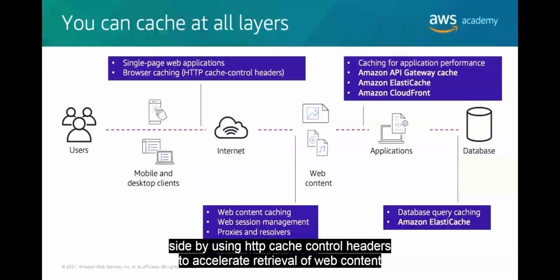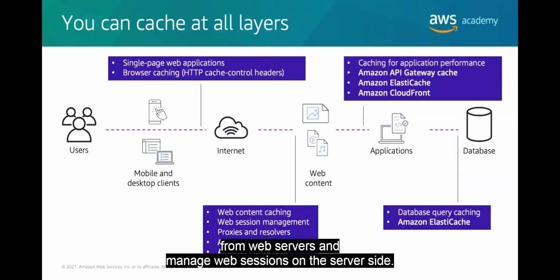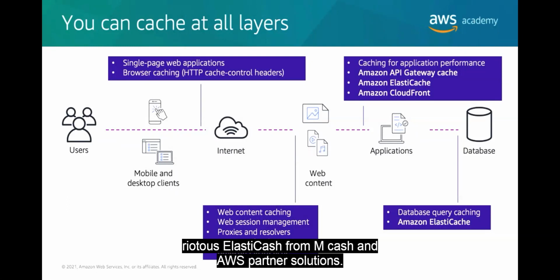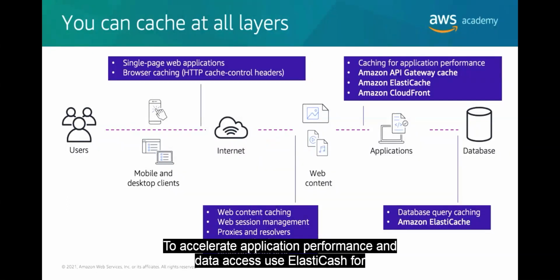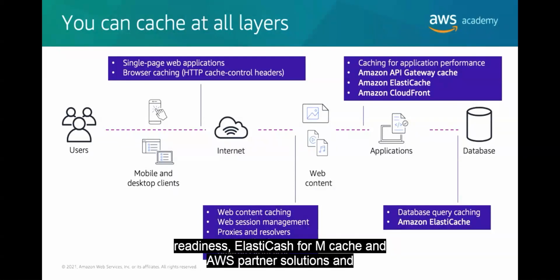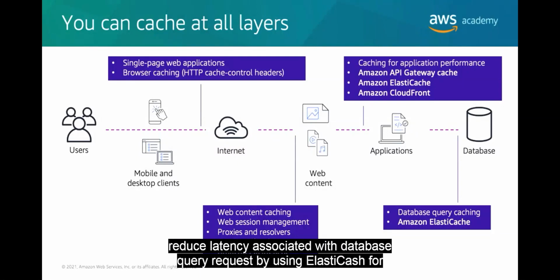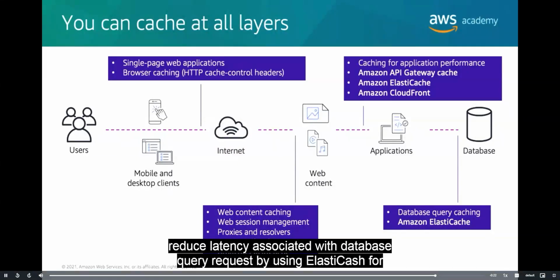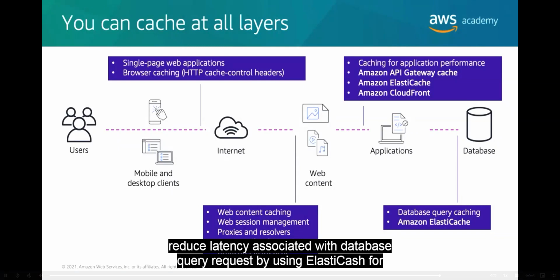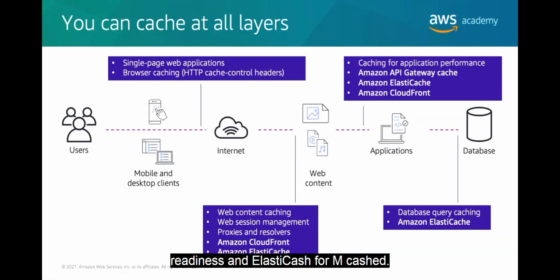To accelerate retrieval of web content from web servers and manage web sessions on the server side, you can use CloudFront, ElastiCache for Redis, ElastiCache for Memcache, and AWS partner solutions. To accelerate application performance and data access, use ElastiCache for Redis, ElastiCache for Memcache, and AWS partner solutions. And reduce latency associated with database query requests by using ElastiCache for Redis and ElastiCache for Memcache.